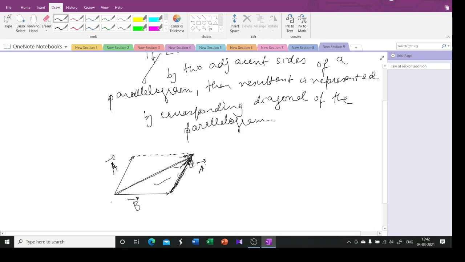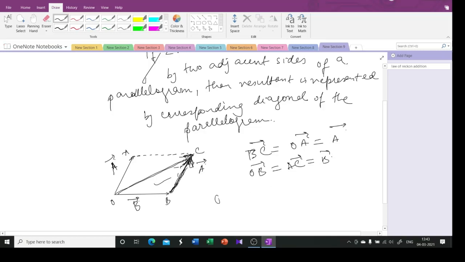Okay. So that is OABC, right? So basically your BC vector is simply equal to OA vector, which is simply equal to A vector, right? And your OB vector is simply equal to AC vector, which is equal to B vector.